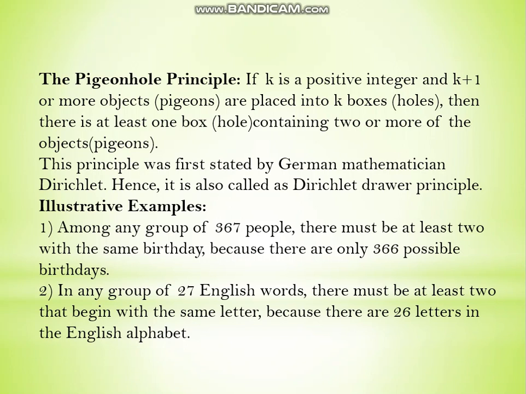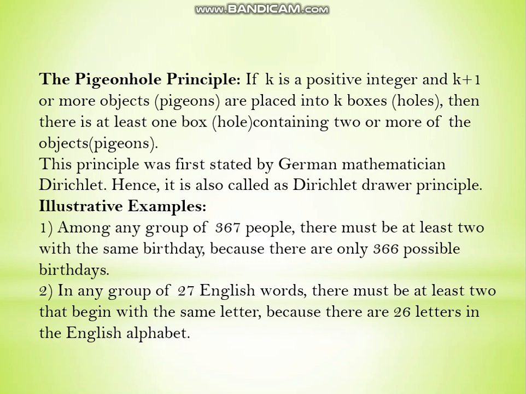So the objects are 367. And what are the boxes? Since we are talking about birthdays on the same day, and in a year there are maximum, if it is a leap year, 366 days, otherwise we have 365 days. So the days of the year are the boxes and the 367 people are the pigeons or the objects.